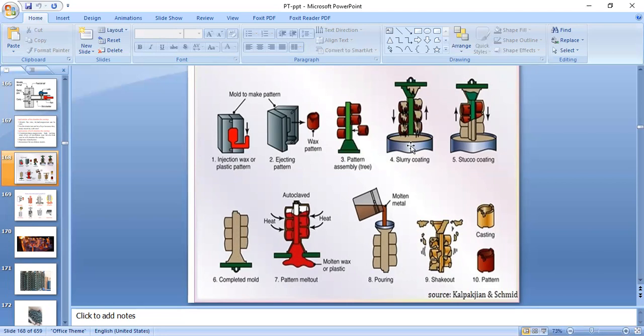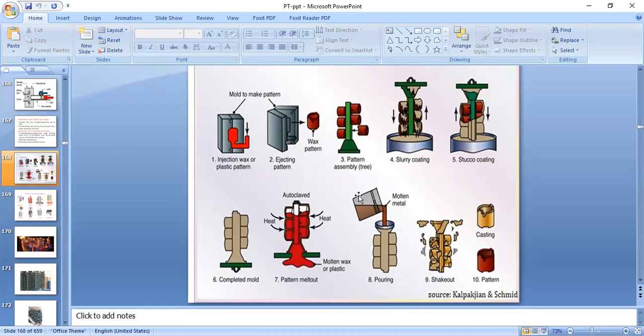After that, a slurry is put upon this, then it is placed into the molding box, and molding sand is rammed into it. After it is completely rammed, we heat the mold so that the wax pattern melts and drains down. The melted wax leaves the mold cavity.